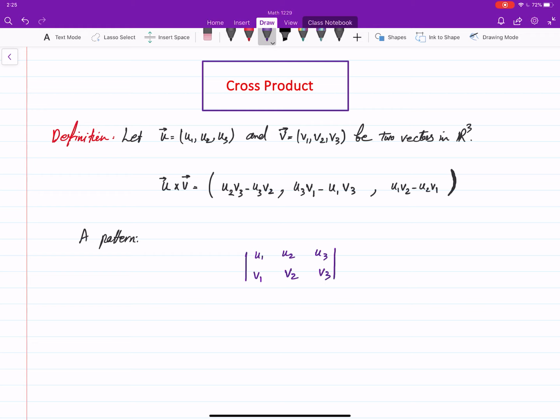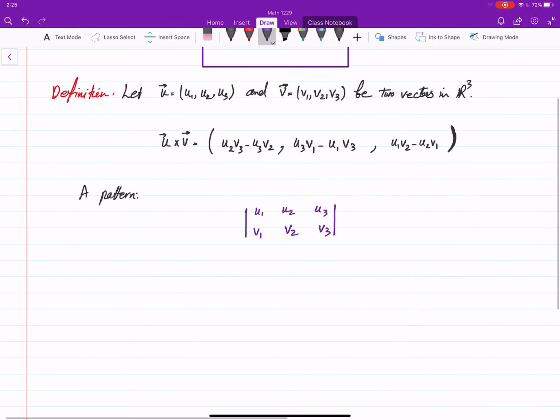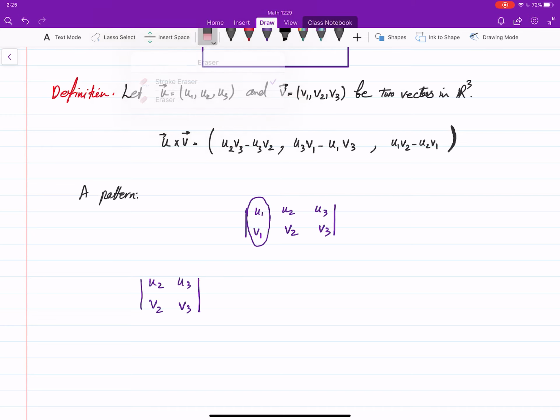Then, to find the first component, we ignore the first column. The first column here is this. You ignore it. What you will get is u2, u3, v2, v3. That is what will happen for the first component.